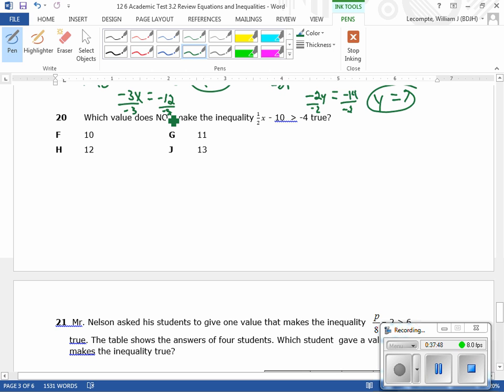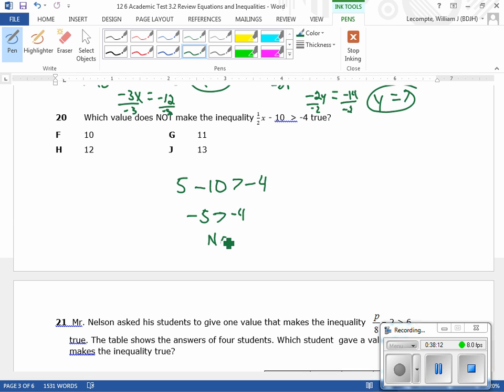Is negative 5 greater than negative 4? I would say no. Then I put 12 in. Half of 12 is 6, minus 10 is negative 4. Is negative 4 greater than negative 4? I would say no.